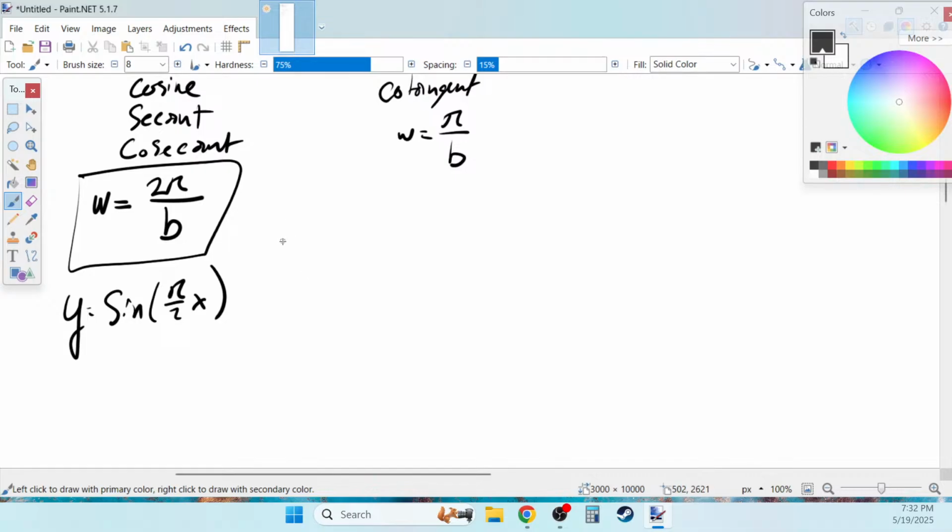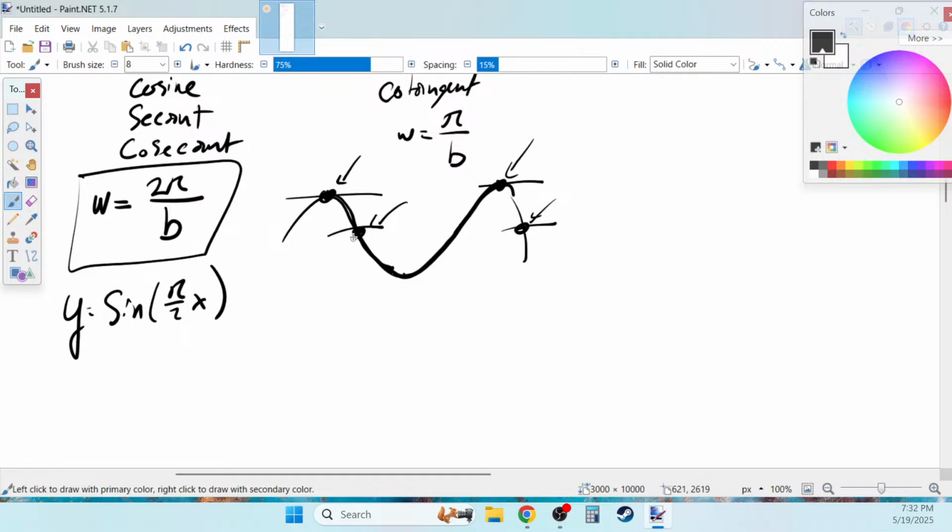The wavelength is the distance from the top of a curve to the next top of the curve, or from the midline of the curve, skipping one, to the next midline of the curve. Basically, we have to complete one full cycle going through all of the y values that the function hits until we come back to the original y value. Start at the top, end at the top. Start in the middle. Make sure to end at the middle, but to complete an entire cycle.